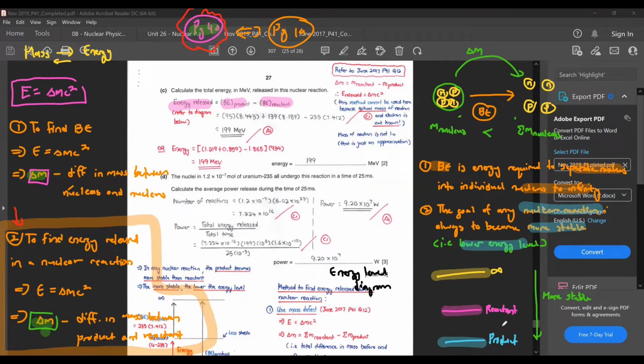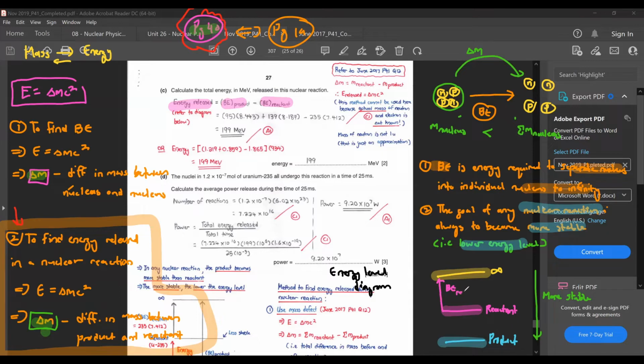If this is the energy level diagram representing infinity, reactant, and product, and I want to look at the binding energy, which as I mentioned is the energy you need to separate a nucleus into individual nucleons completely to infinity, then imagine this: if my reactants are represented here, and I want to separate the nucleus of the reactants into individual nucleons to infinity, the binding energy of my reactants would be this one.